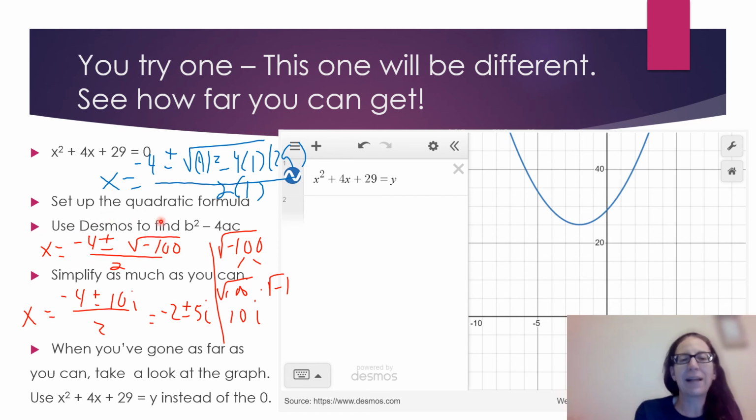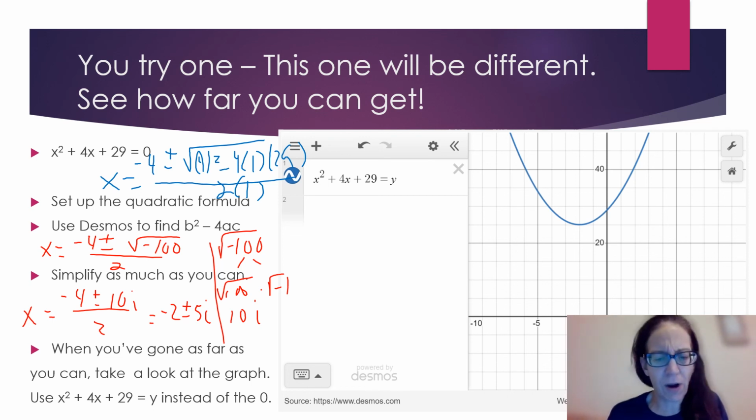And then you recognize this isn't quite the same thing that we've been looking at, because that's got that -100. So what I want the last part of this to be is to check it out in Desmos, except instead of using a 0, I want you to use the y.